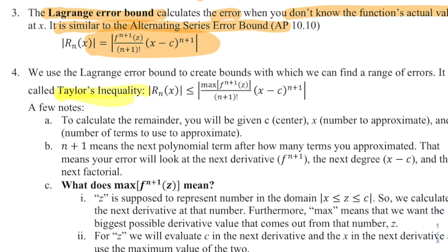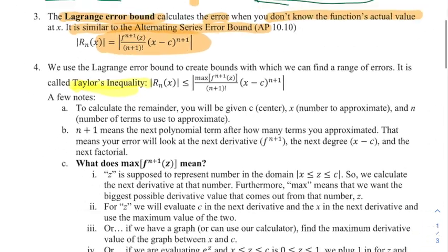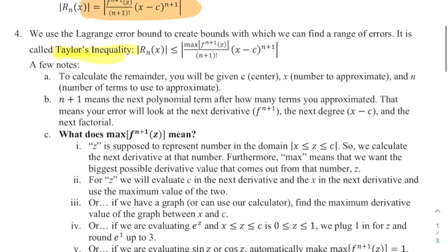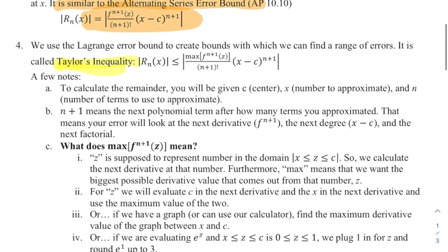We're going to use the same equation to find how far away our approximated answer, at however many terms we've been asked to approximate, is or could be from the real answer. When I say could be, we're going to find an upper bound, like this is the farthest our approximation could be from the real value. So we're not quite getting to the real value, but we're finding out the farthest away we could be from it.